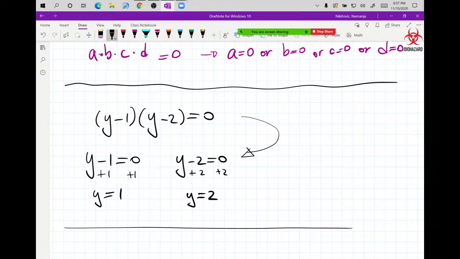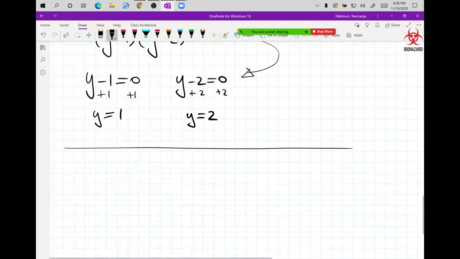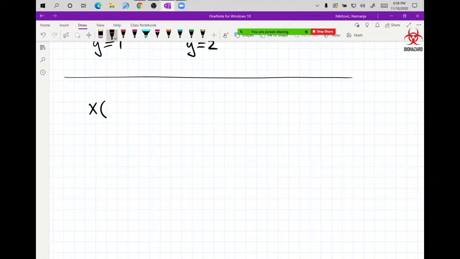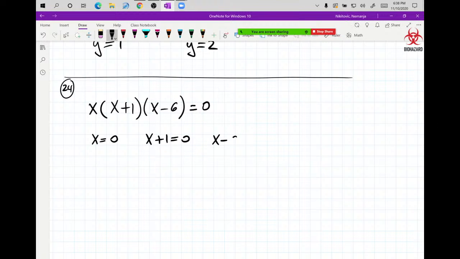Now, let's say problem 24 says x times (x plus 1) times (x minus 6) equal to 0. Well, if you have this, all you need to do is set each factor to 0, and you have 3 of them. So x is 0, x plus 1 is 0, and x minus 6 is 0.